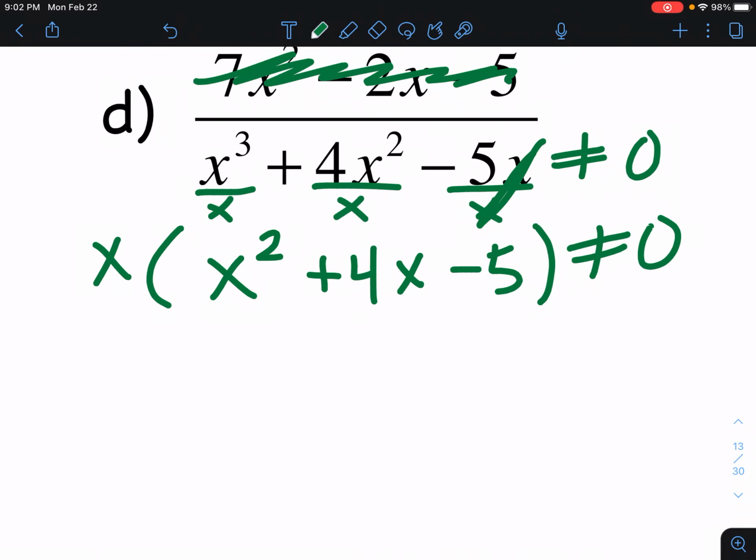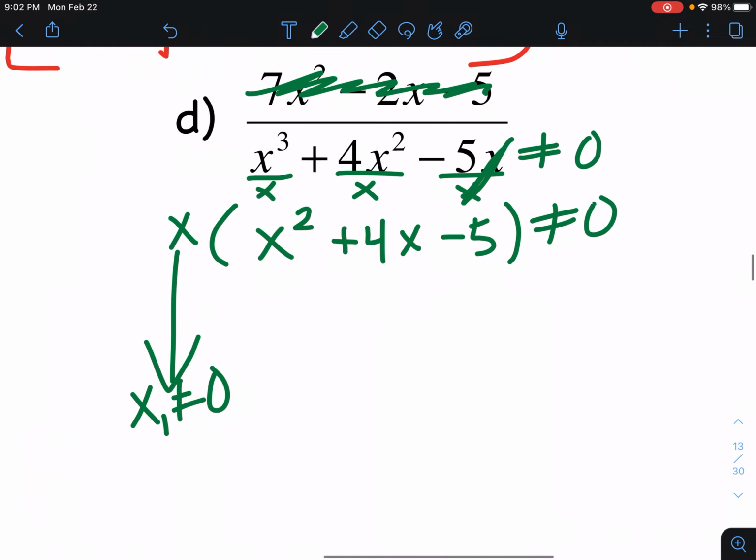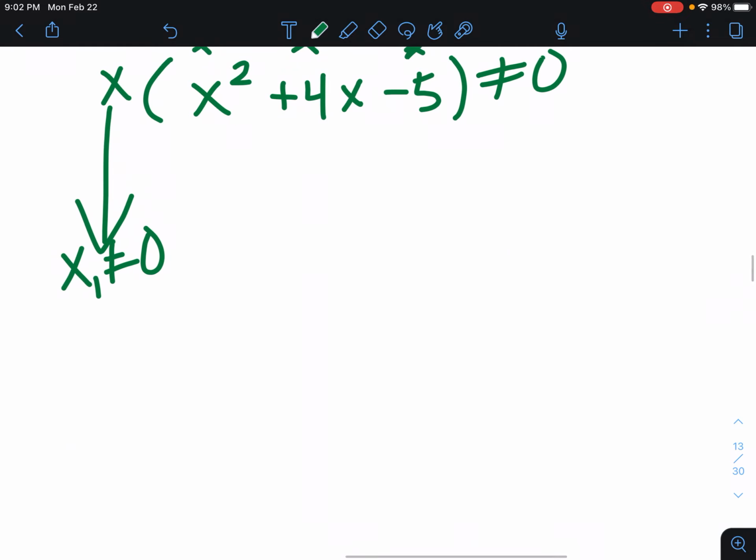Okay, so now we can get one of our answers here. We can say our first guy would say x cannot be 0. But what about our other two? We can actually get two more domain values out of this that the domain cannot be. So you have a choice here. You can either factor this or use the quadratic formula.